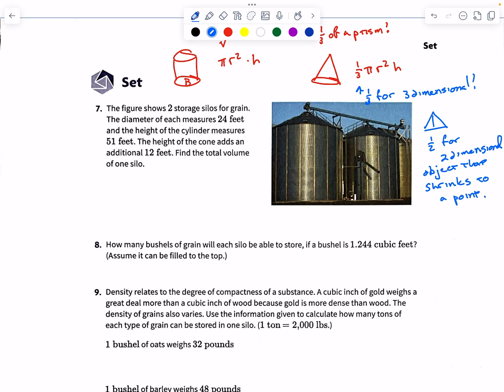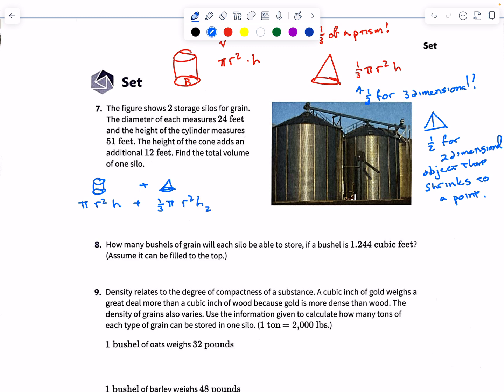Okay. So we need a cylinder plus a cone. They've got different heights.